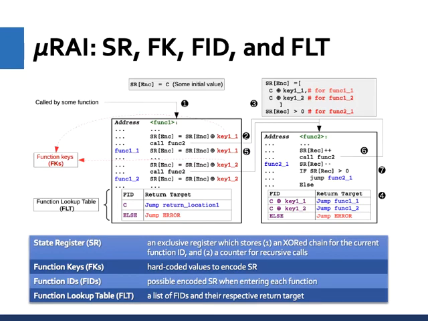When a function needs to return, it looks up this function lookup table, which tells function 2 the correct return address. So when func2 returns to func1, another XOR operation with the same key is applied, so the chain can restore to the previous state.